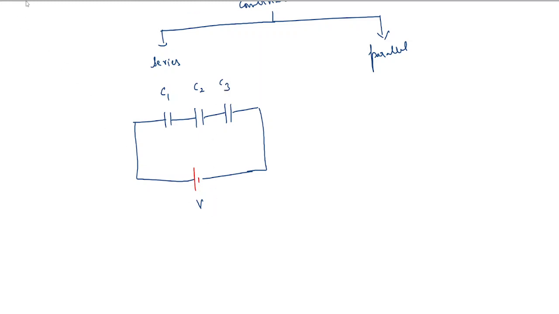Now what will happen here is, in this case, this plate of capacitor 1 is connected to the positive terminal. So electrons are pulled from here. Electrons will start to go from here. They'll go on this plate. So this plate now becomes charged negatively. This will induce a positive charge in this plate, because of which electrons from here will go to this plate.